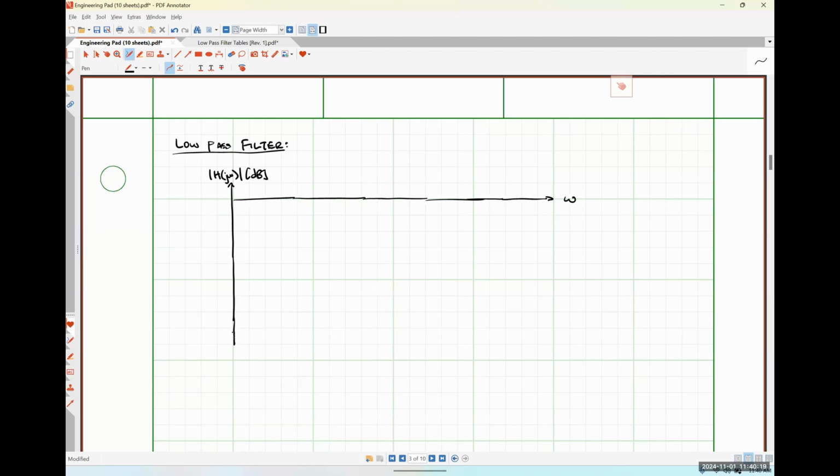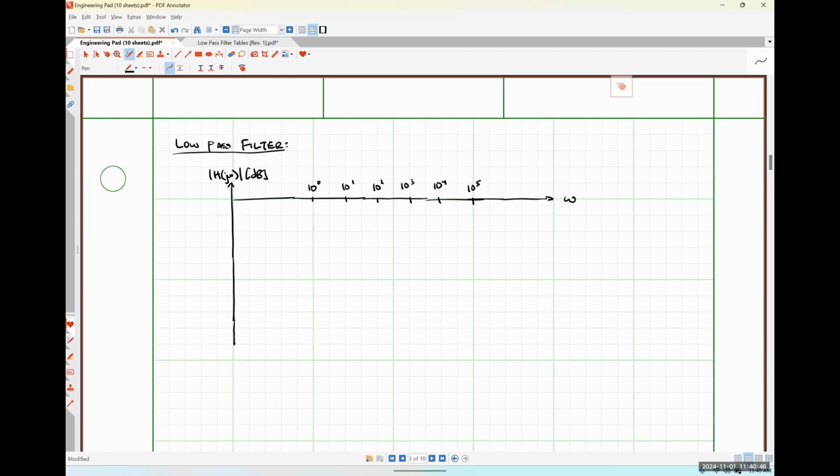Let's say that this is 10 to the 0, or omega is equal to 1. So that this would be 10 to the 1, 10 to the 2, 10 to the 3, 10 to the 4, 10 to the 5, so on and so forth.